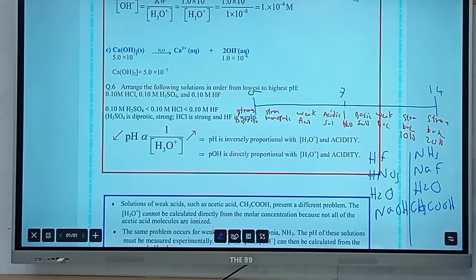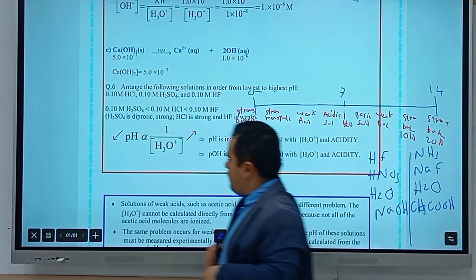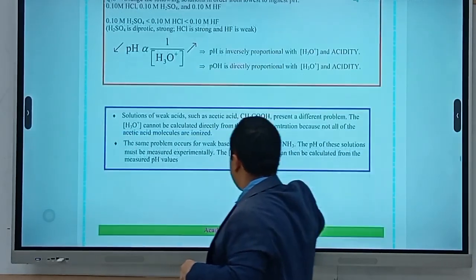Which of them has the least pH? The acetic acid. Which of them has the highest pOH? The acetic acid. Least pOH, the ammonia. Equal pH and pOH, H2O. That's how we can answer the questions according to the given tip which I have provided.